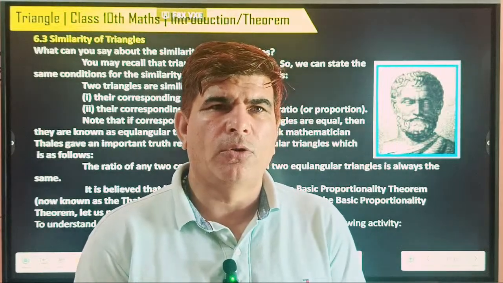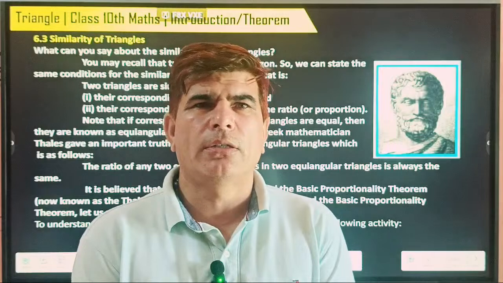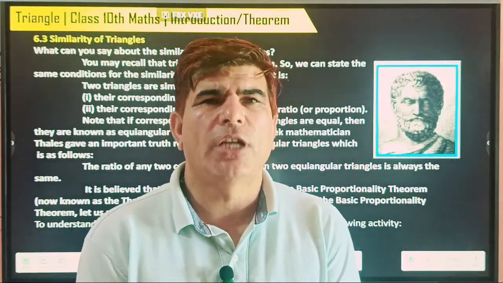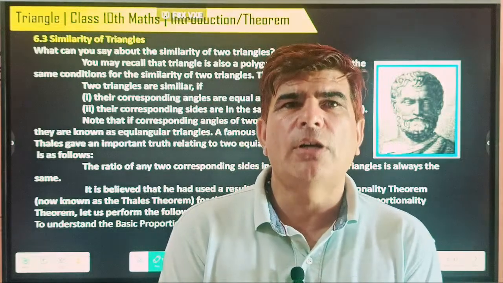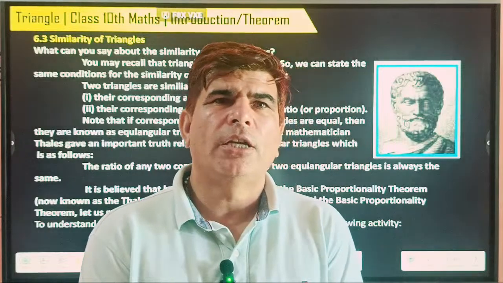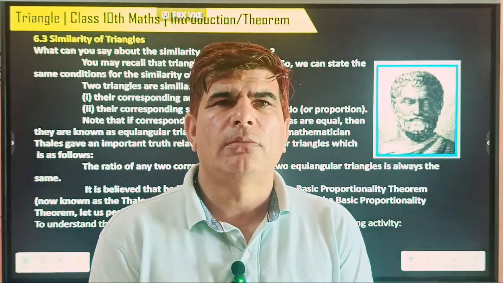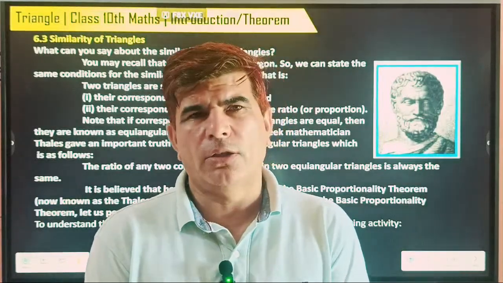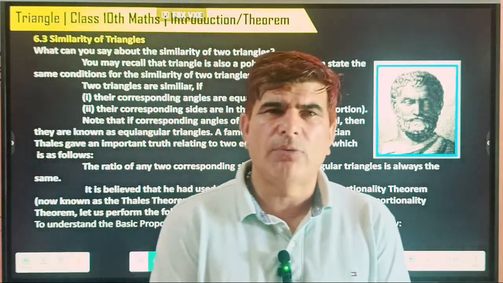What if corresponding angles are equal and corresponding sides are in the same ratio? After that, a mathematician named Thales said that if corresponding angles are equal, and if you are talking about triangles, then they become equiangular.